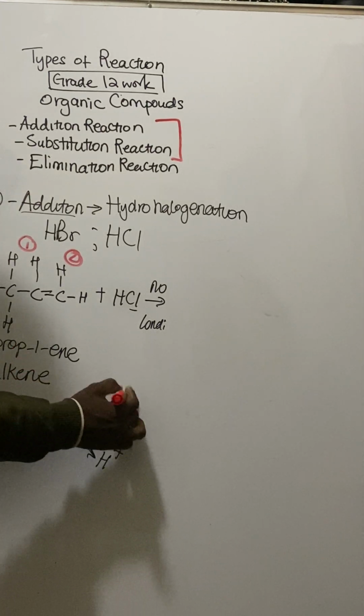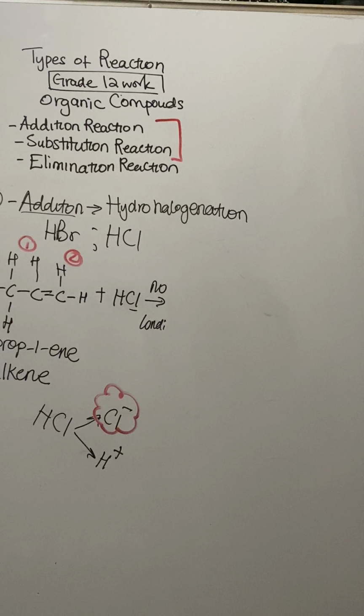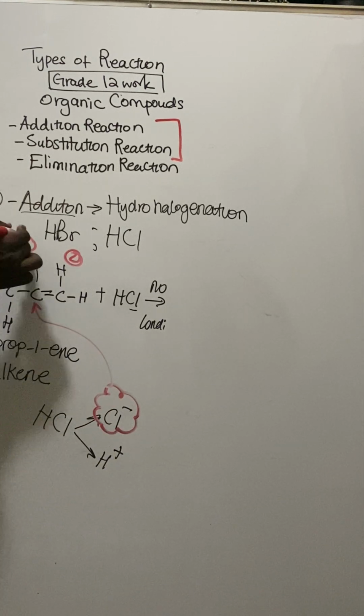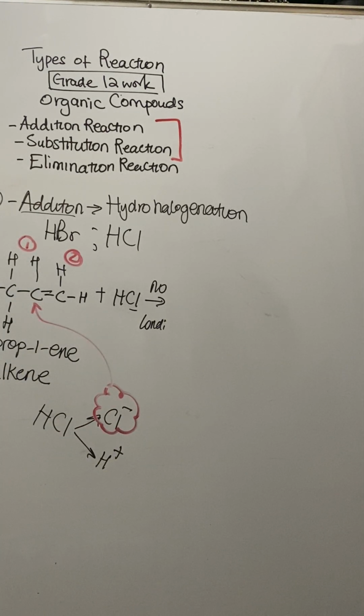So this one will have to choose between these two, which one does it want to bond with, and it will choose this one according to Markovnikov's rule. Why will it choose this one? Because it has the least number of hydrogen atoms, and while it bonds with this one, it will form what we call a major product.